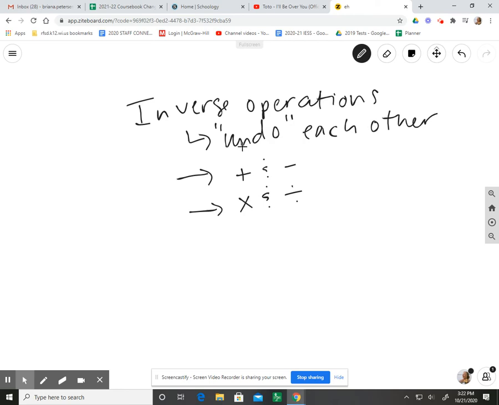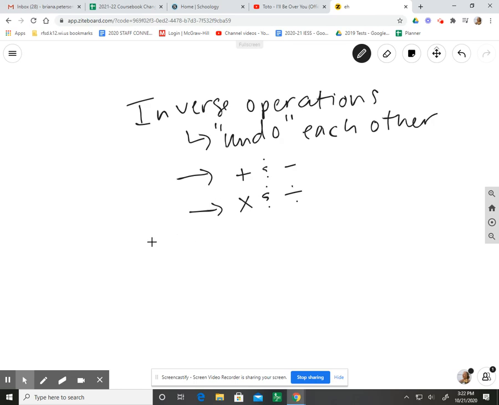So if we want to get rid of something we added, then we subtract it. If we want to get rid of something we multiplied, then we divide it. If we want to get rid of something we subtracted, we add it. Get rid of something we divided, we multiply it. This might seem a little weird at this point, but as we start solving equations, it will make a little more sense.